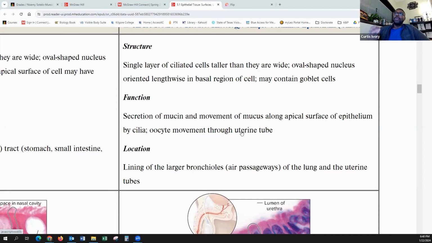Once mucin gets hydrated, it turns into mucus. These are also going to be located within the esophagus, within the trachea, and within the fallopian tubes. And like it says down here, within the lungs and the uterine tubes.